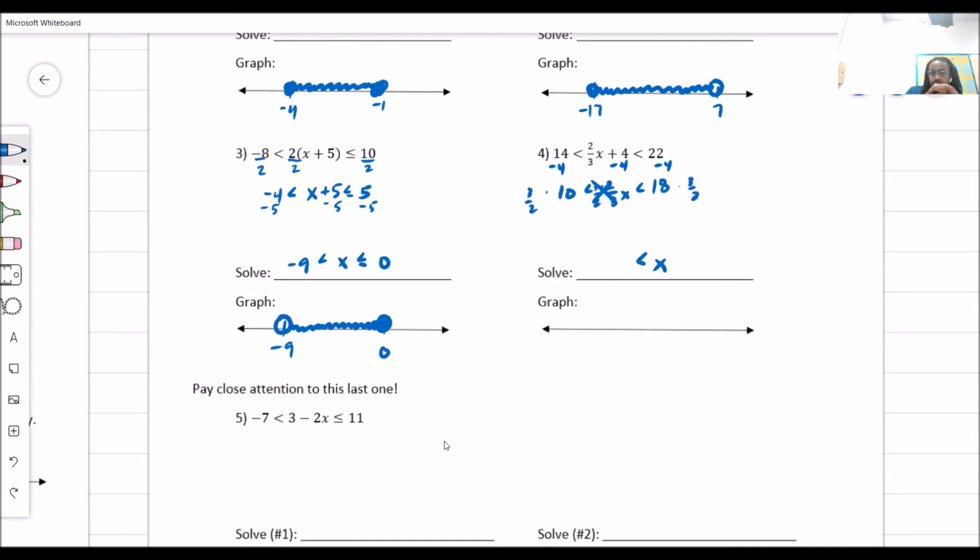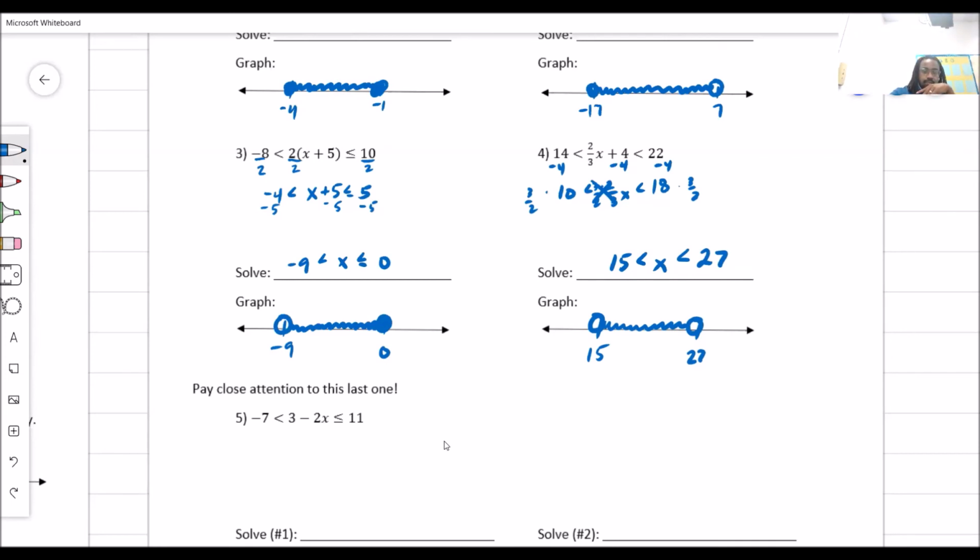On the left side, that's 30 divided by 2, which is 15. On the right side, that's 54 divided by 2, which is 27. And so x is greater than 15 and less than 27. Both of these should be open circles. Open circles, shade in between.